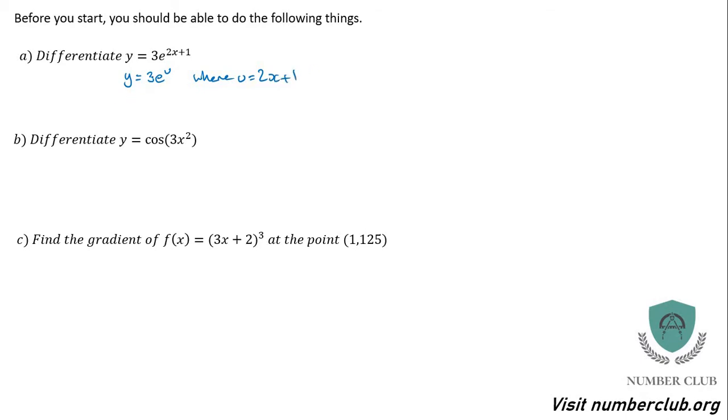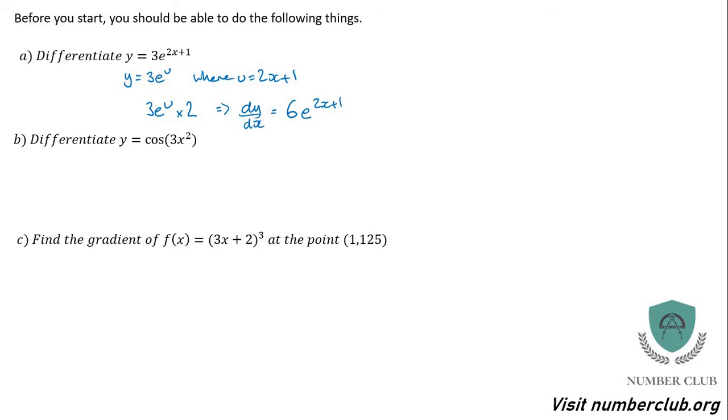To use the chain rule, we differentiate y with respect to u, which is 3e to the u, multiplied by u differentiated with respect to x, which is 2. Then we substitute back in that u was 2x plus 1, and so we end up with dy by dx equal to 6e to the 2x plus 1. Nice and easy, should be absolutely fine, that one.